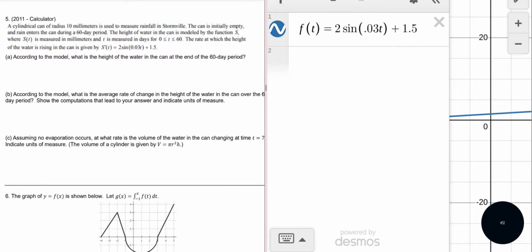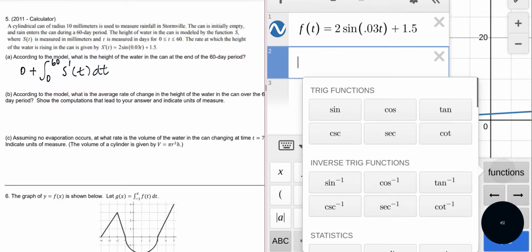Okay, now according to the model, what is the height of the water in the can? So that's where we're going to need to integrate S prime. All right, so for 0 to 60, and it started out empty, so the initial height was 0. So we're going to add 0 plus the integral from 0 to 60 of S prime of t dt.